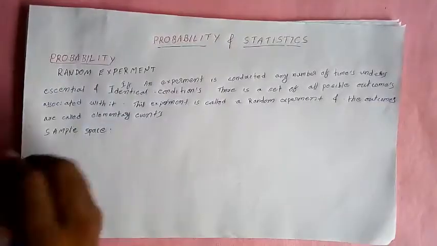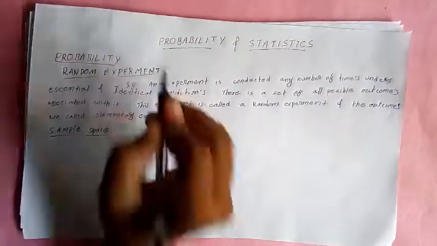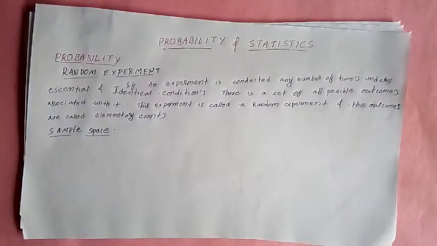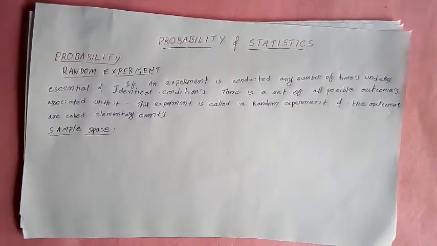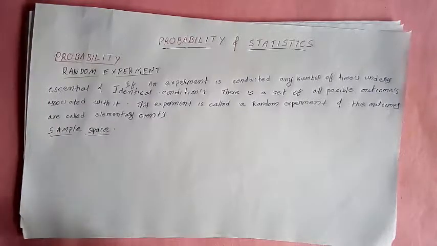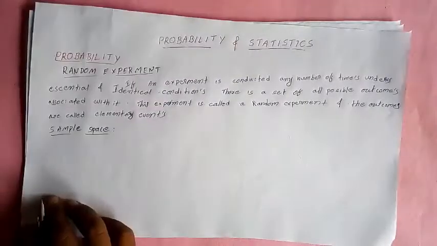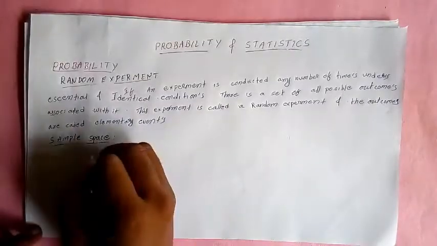Sample space. Next, first we want to discuss the exact definition of the sample space. The set of all possible outcomes in a trial is called sample space. So first we want to write the definition.